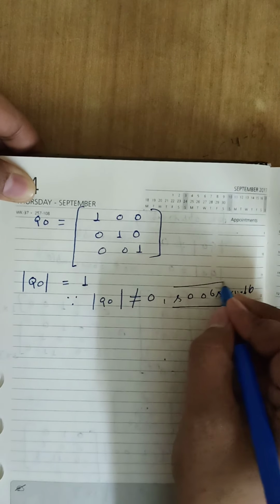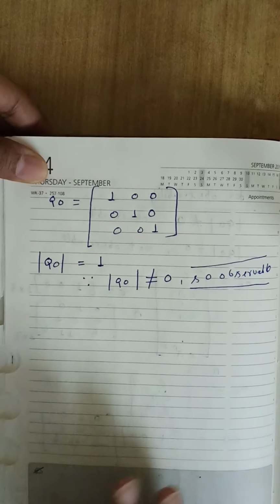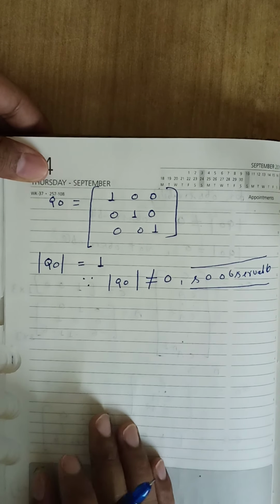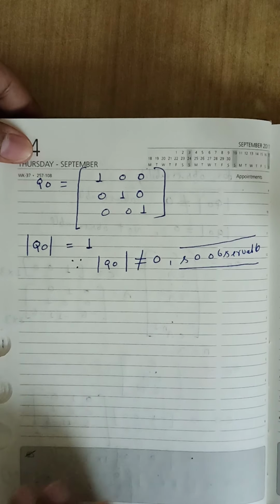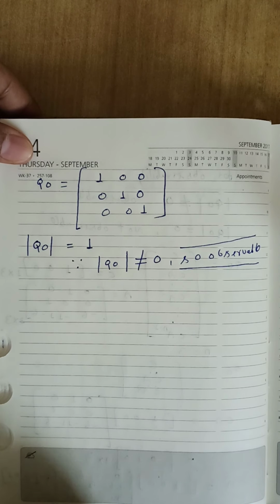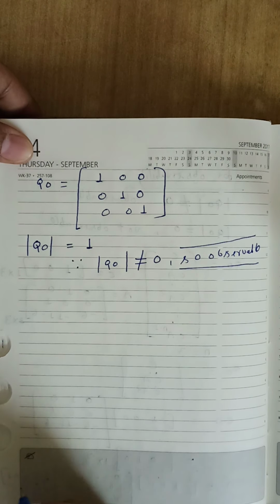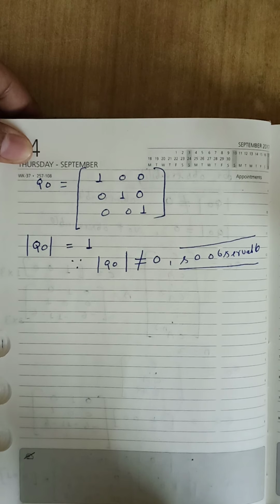So our system is observable. So we can say the system is controllable as well as observable. So with the help of the Kalman test, we can define controllability for the system and we can define observability for the system. Thank you.